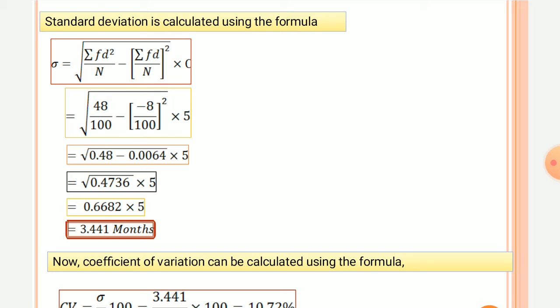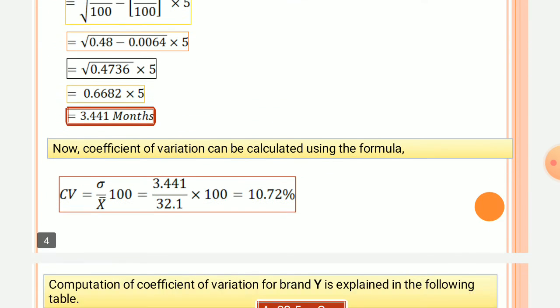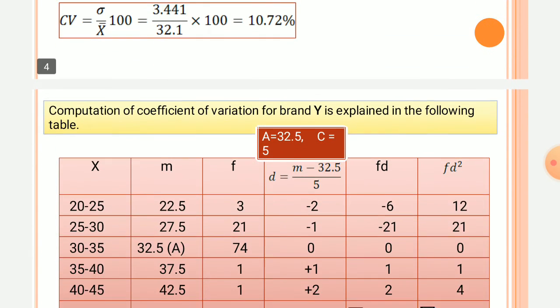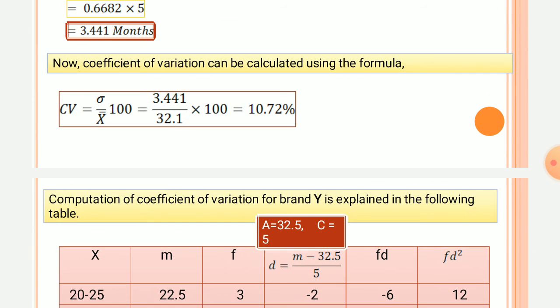Root of 0.4736 into 5. The square root of 0.4736 is 0.6882 into 5 equals 3.441 months.